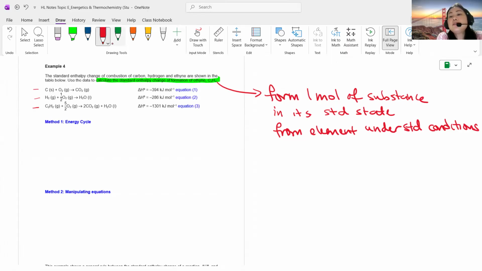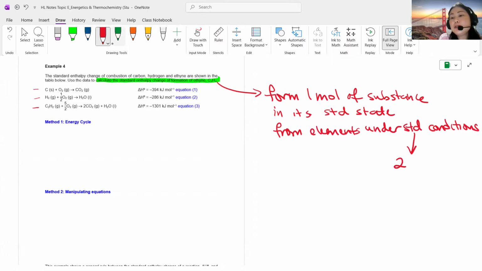So this substance is formed from its respective elements. So for example, CO2 is formed from carbon and oxygen. Water is formed from the elements hydrogen and oxygen. Okay, so I need to form from elements under standard conditions. And standard conditions here is not 22.4, it's not 0 degrees Celsius.